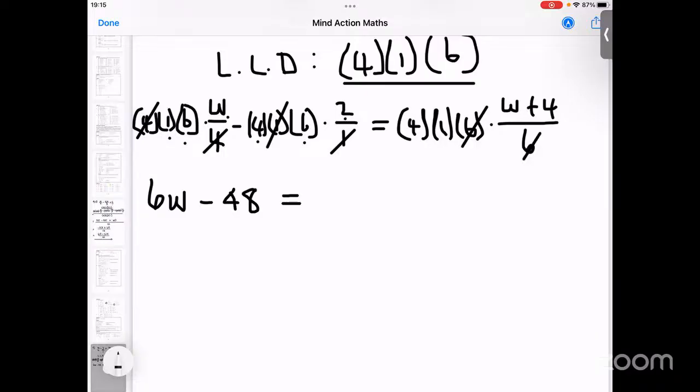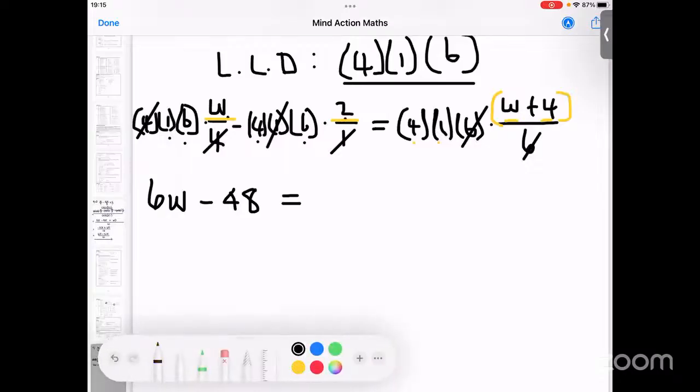Be careful here. Be very careful here. Because this is not one term, it must be considered to be inside the brackets. Unlike this one, that one was just one term, but this one is 2 terms. So that means you have 4 times 1, which is 4.